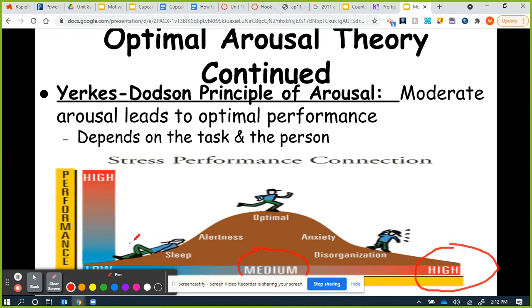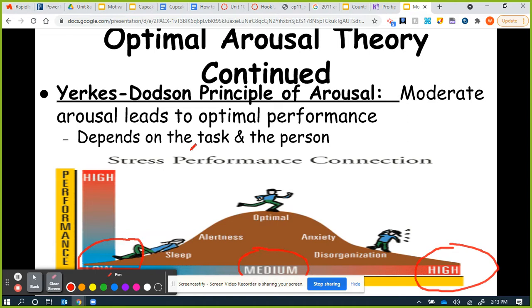And if our level of arousal is too low, meaning there's not enough excitement, we fall asleep or whatnot. All of us have been in that situation before where you know that you have to do something, but you are so bored that you can't even get yourself to do it, right? You're just like, I gotta do this, but you're so bored you can't even, okay?